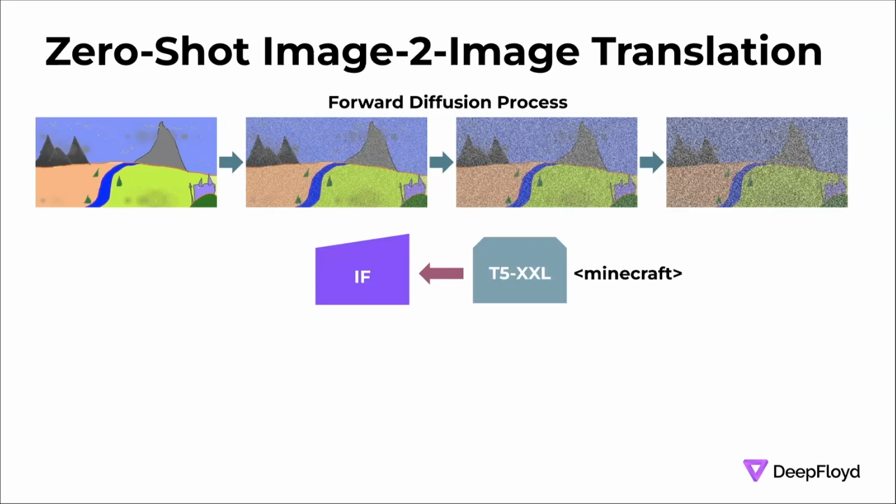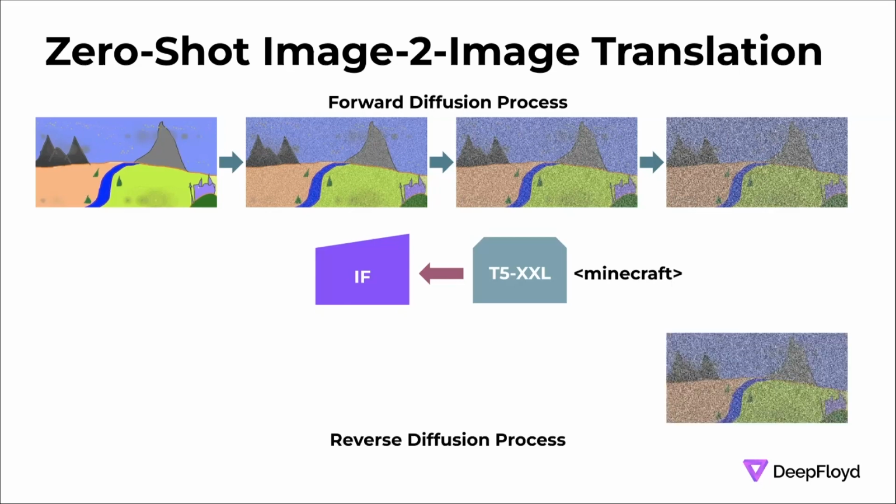We put it into our text encoder, T5-XXL, and then put it to the model, and thus reverse the process of diffusion with this text embedding.